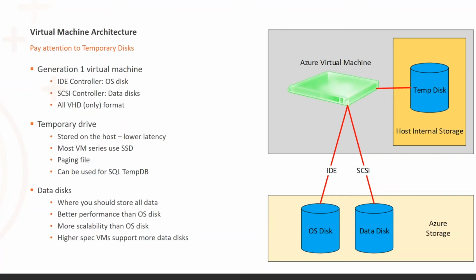And that gives you a clue as to the use of the temp disk. It's used to store the paging file for the guest OS of the virtual machine, which means when the virtual machine is paging in and out memory, it's able to do that very, very quickly. And all but the lower spec virtual machines are using SSD for that temp drive. So the 2 lower spec virtual machines are storing their temp drive on HDD, but every other virtual machine is storing that temp drive on SSD, which means paging is really fast.